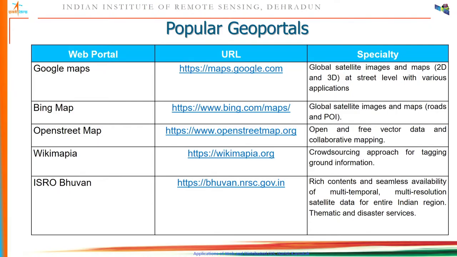Another portal is called Bing Maps. Again, this is a very popular website from Microsoft. They provide satellite imageries and maps in the form of vector, point, line and polygon geometry. These data sets you can access through their APIs, and also you can use their standard online website, bing.com/maps.